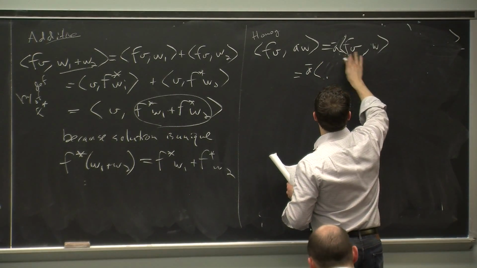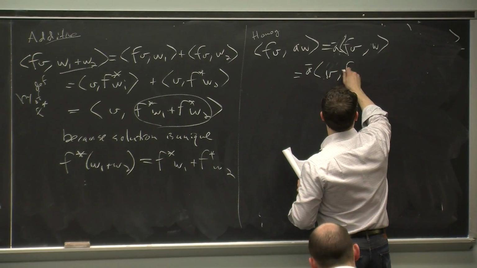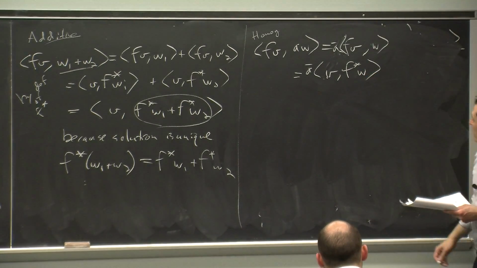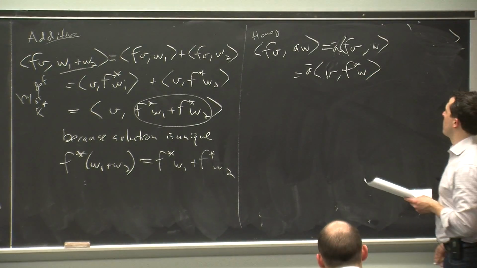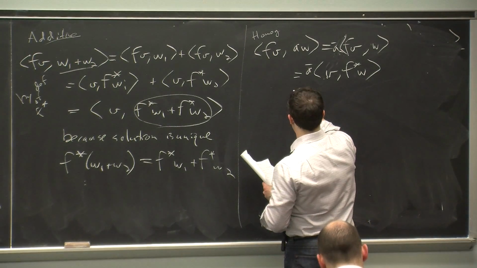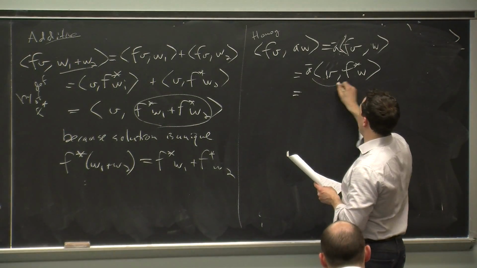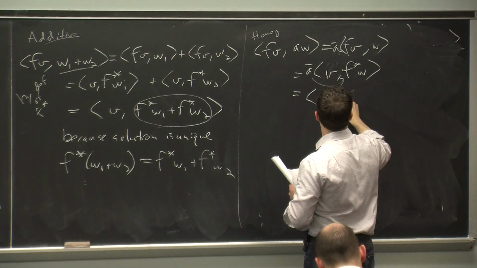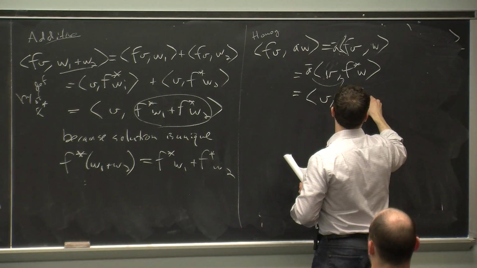I can move f to the other side at the cost of changing to this f star, this adjoint. And then I can move the a back in over here by conjugating again. So I get v, a f star w.